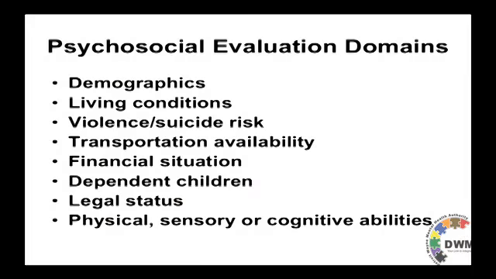The psychosocial domains, I suspect you're much better at this than I am. And these are the demographics. Where are you living? Who are you with? What's your highest grade level? What's your language? What's your spiritual affiliation? Living conditions, violence and suicide risk, transportation, finance, dependent children. See, you guys hit almost every one of those.